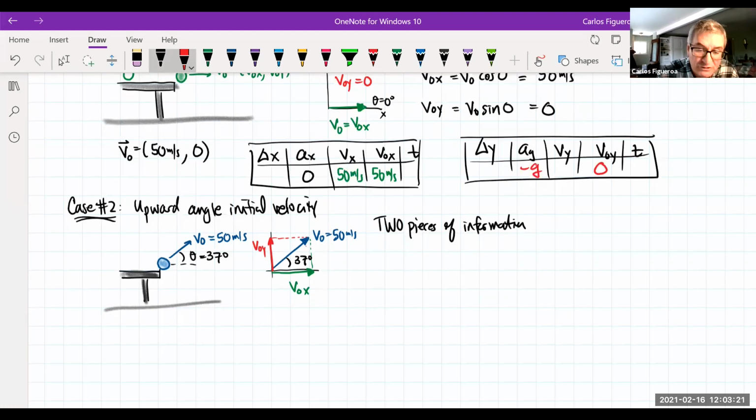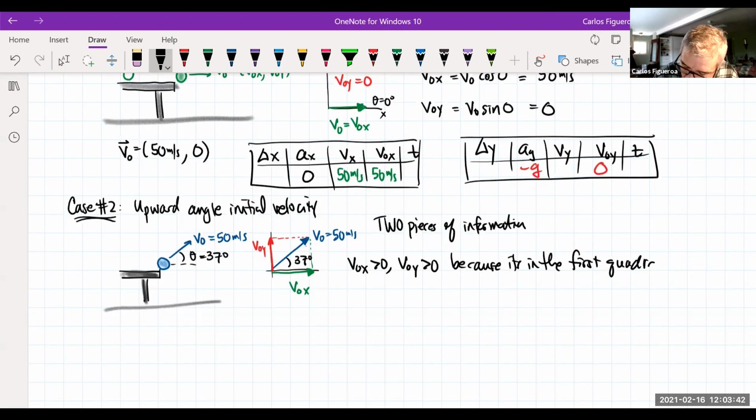It's in the first quadrant, so both components should be positive. In other words, this tells us here that Vx is positive and Vy is positive because it's in the first quadrant. Right? Just as we would expect here.